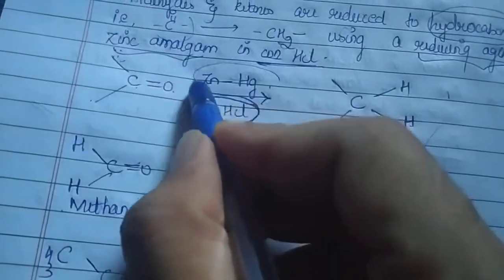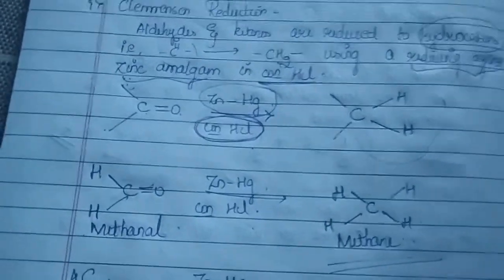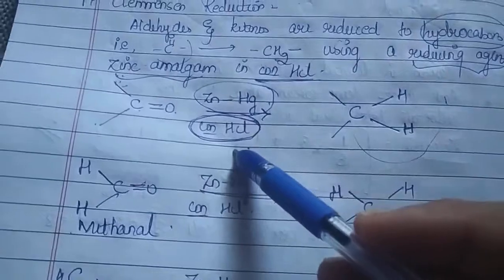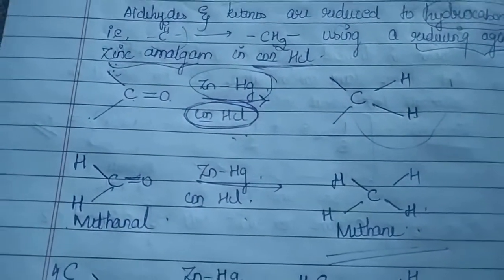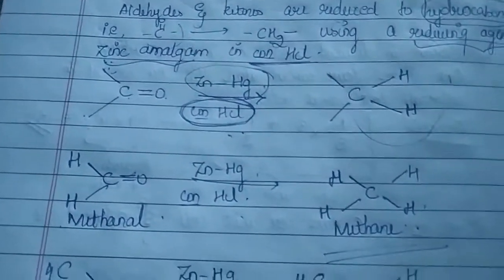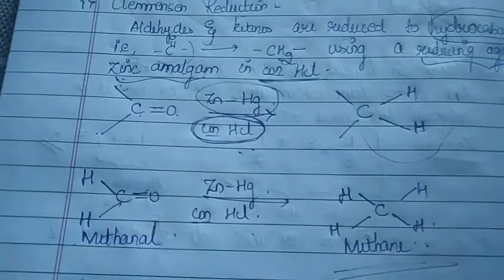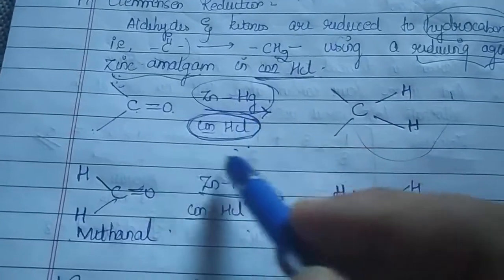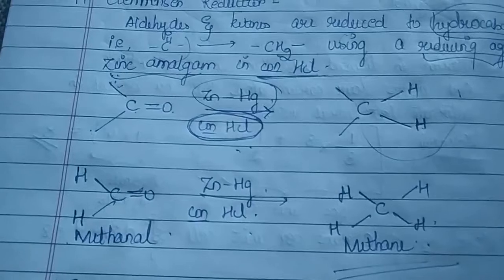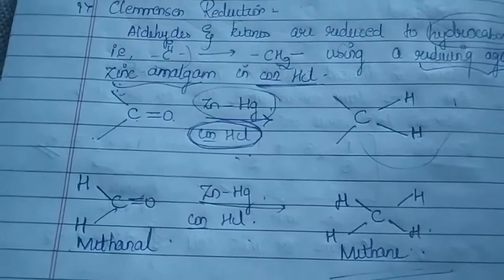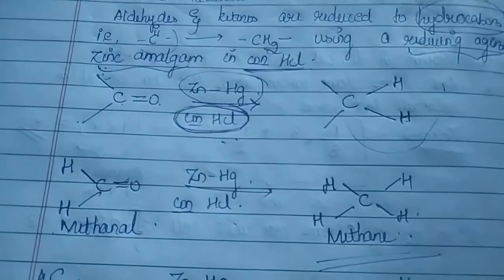Why are we using zinc amalgam? Remember, whenever a metal is treated with an acid, hydrogen gas evolves. That hydrogen itself is used for the reduction purpose. But since the hydrogen evolves in the form of H2 gas, it can easily escape out.